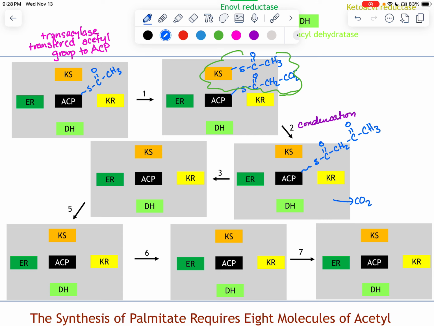Okay, then what it's going to do at that point is it's going to swing it around to the KR active site. Okay, so it's going to take this whole thing and pull it around to the KR active site.